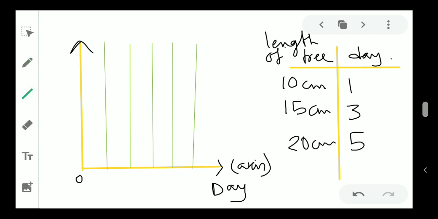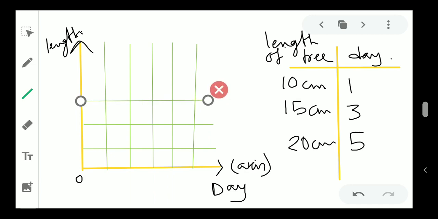So I will draw these lines. Let's say this is day, so this one will be length. So this side will represent length. Let's say this is 0, this is 5, this is 10, this is 15, and this is 20.